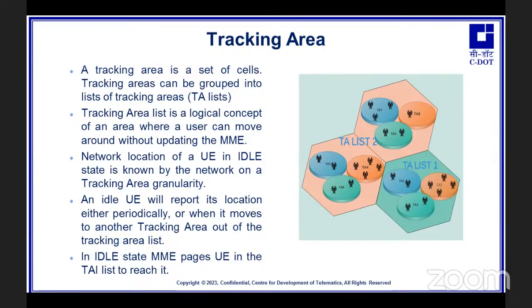So a TAU will go. Similarly, when this UE moves from tag 2 to tag 3, again it has to send a TAU update to the MME. That is for one subscriber. In the field there will be lots of subscribers, so the load on the MME will increase due to TAU updates. The design of the network should be such that there are fewer TAU updates, but the functionality stays the same.